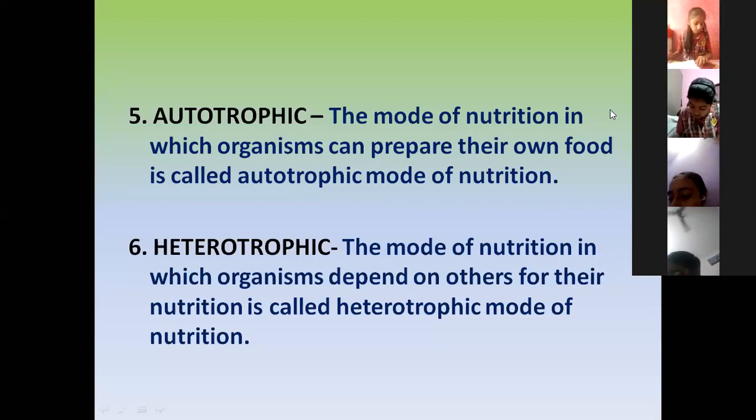And then sixth number is heterotrophic. Now both of the definitions are very similar. Only thing you have to do is that autotrophic mode of nutrition is when organisms can prepare their own food, and heterotrophic means the organisms depend on others for their nutrition. The mode of nutrition in which organisms depend on others for their nutrition is called heterotrophic mode of nutrition.